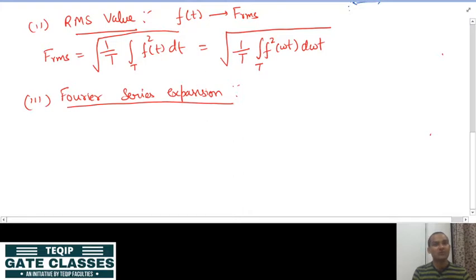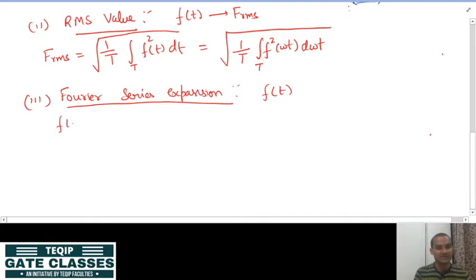If you talk about the Fourier series expansion of some wave f(t), it says that any periodic function can be broken into its equivalent sine and cosine terms as well as a DC term.